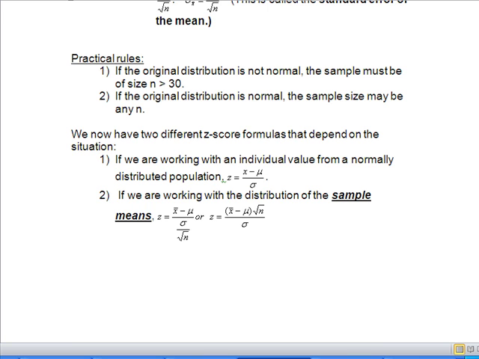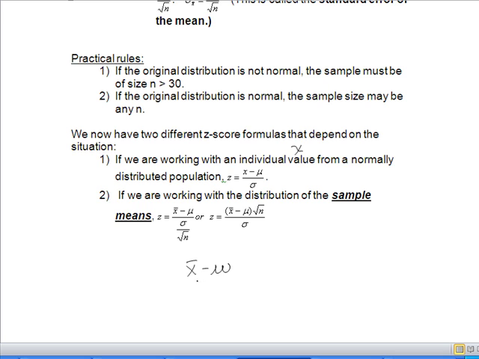Now that's a complex fraction, so just to show you where this came from, this fraction means x bar minus mu, divided by sigma over the square root of n. But we remember that when we divide fractions, we multiply by the reciprocal.